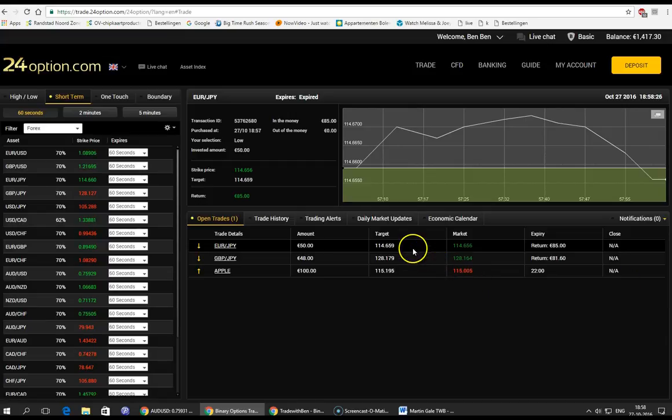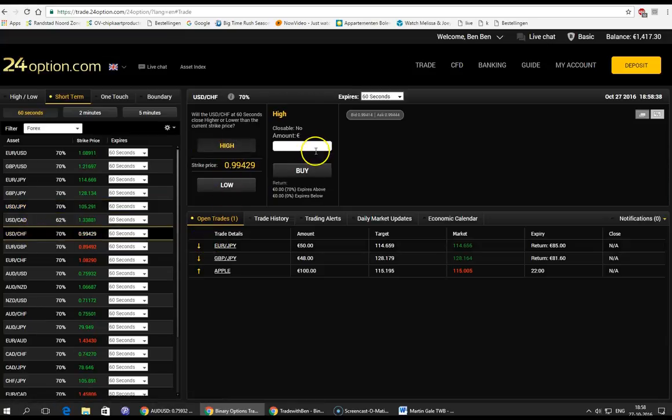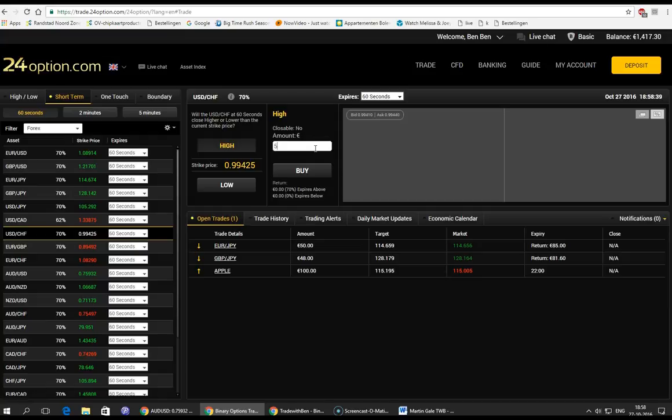US dollar, Swiss franc. Quite a good trade coming up. Oh no, wait, it's in a downtrend. So let's see what is going to happen.